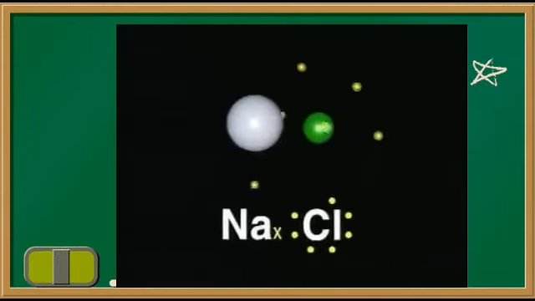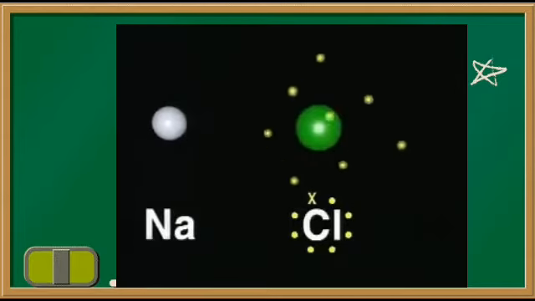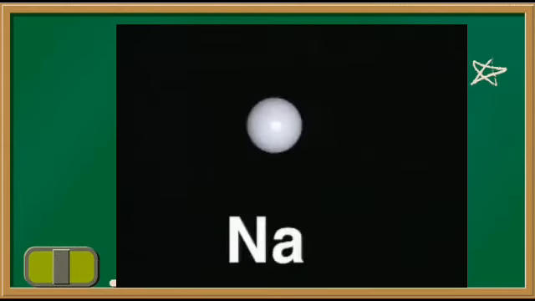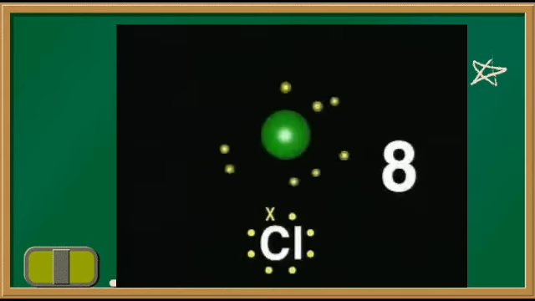The sodium will give its valence electron to chlorine to make it stable. As it donates its electron, the sodium becomes positive. After losing that one valence electron, sodium has now 8 electrons in its outermost energy level. On the other hand, chlorine will now have 8 electrons in the outermost energy level after receiving it, making it negative.